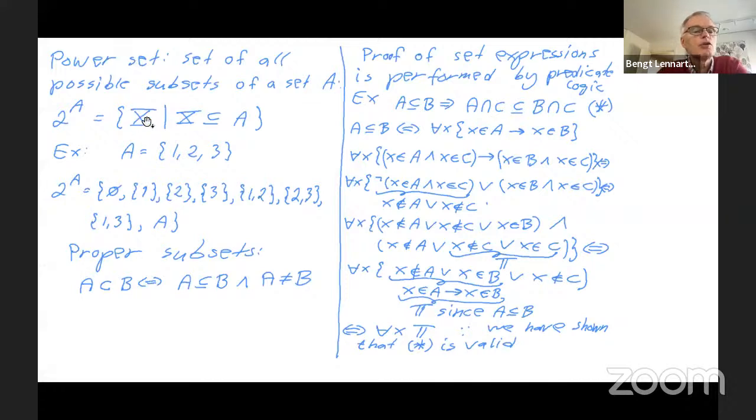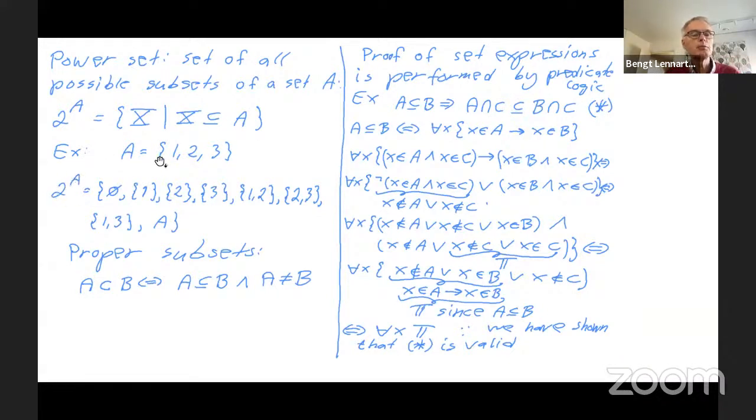And that is also actually all sets X such that X is a subset of A, which of course includes A itself, because A is a subset of A. It also includes the empty set, because the empty set is also a subset of A.